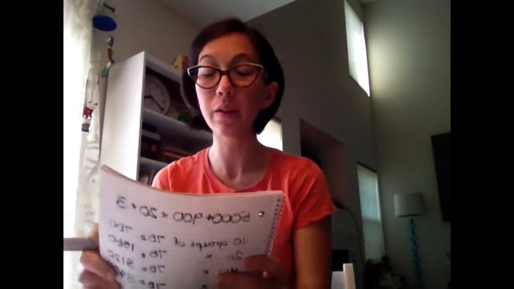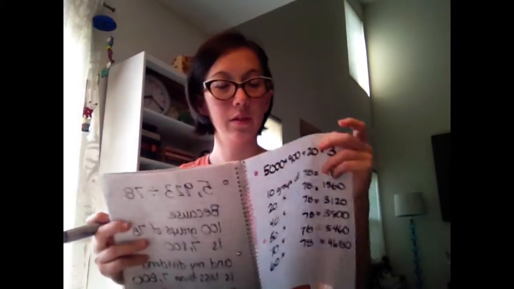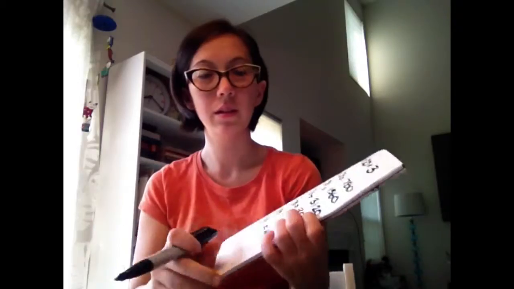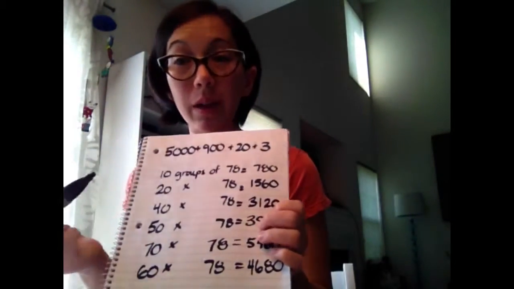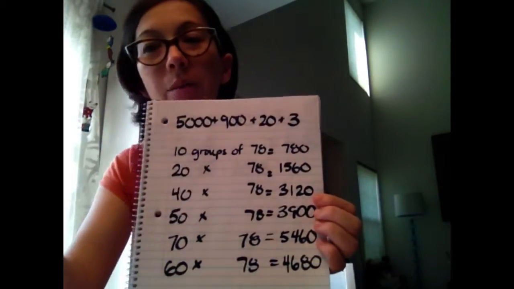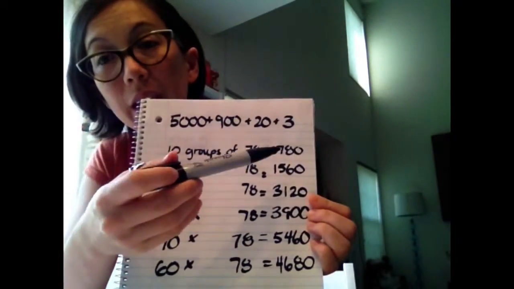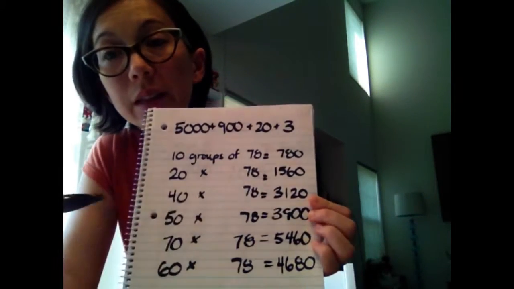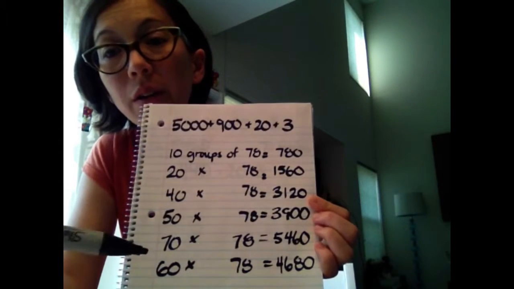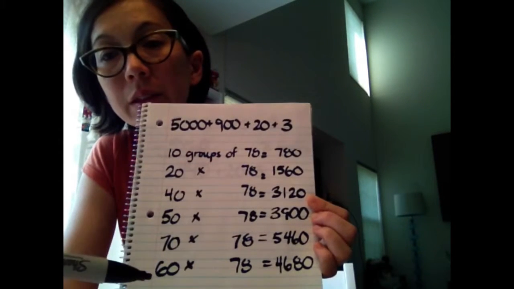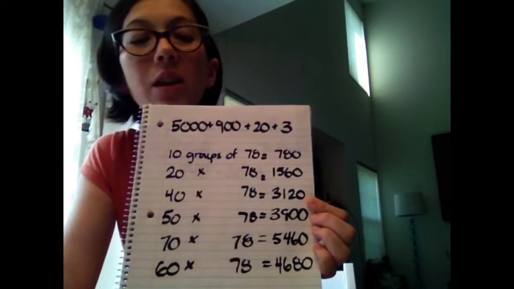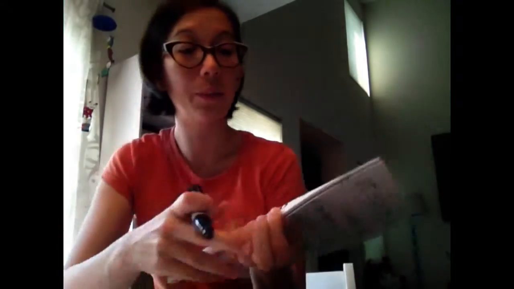I can definitely divide that by 78. If we go back to our original groups that we did, well, obviously I'm not going to get 10 groups anymore because that's 780, but I can still think of this as one group is 78, 2 groups is 156, 4 groups is 312, 5 groups is 390, 6 groups is 468, which comes really close to what we needed, which was 440 plus 20.